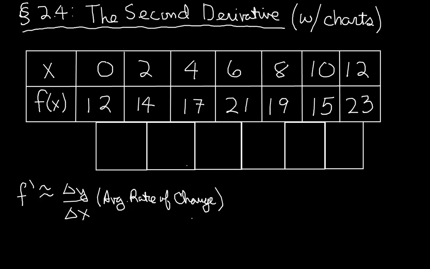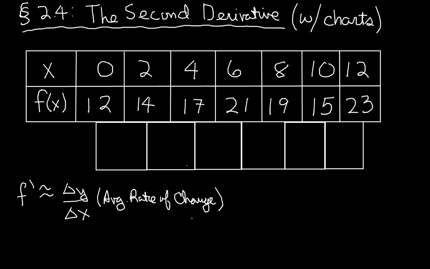Now, remember, what kind of information did we get from the first derivative? If the first derivative was positive, that meant that the original function f was increasing. If the first derivative was negative, that meant that the original function f was decreasing. Let's apply that same reasoning now to the second derivative. If the second derivative is positive, that should imply that the first derivative is increasing.